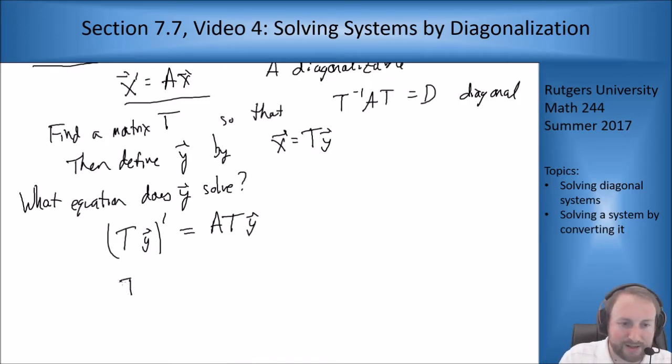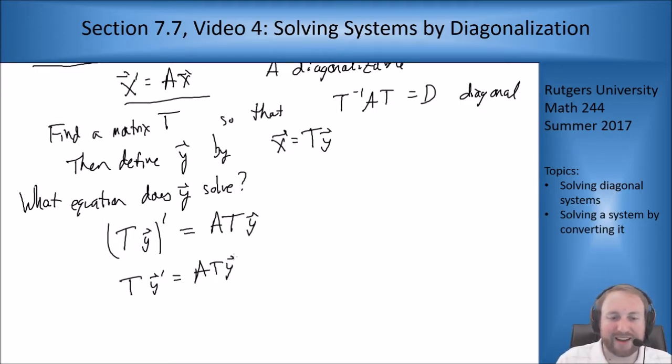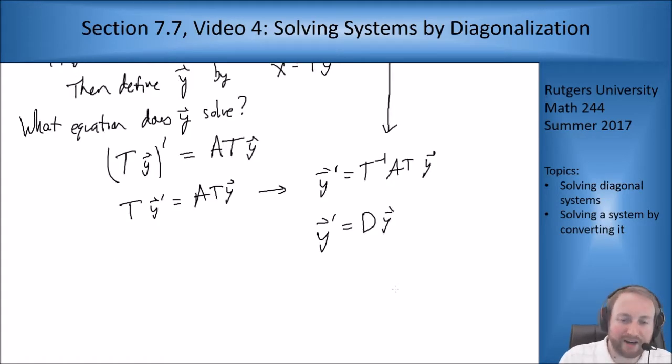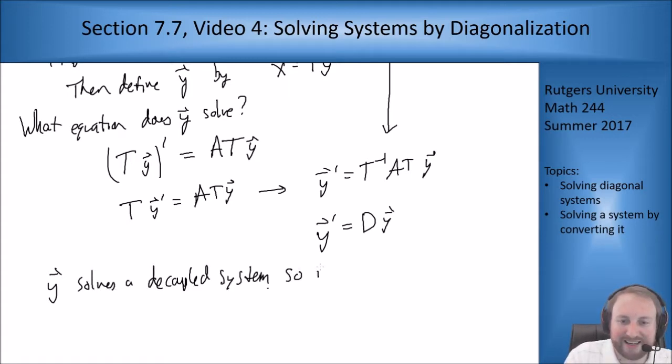And if I multiply both sides by T inverse, this becomes y prime equals T inverse A T y. But this is diagonal. y prime equals Dy. So what we get out of that is y solves a decoupled system, so it's easy to get a solution.